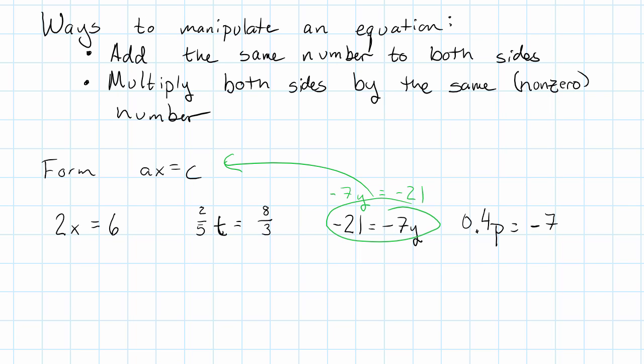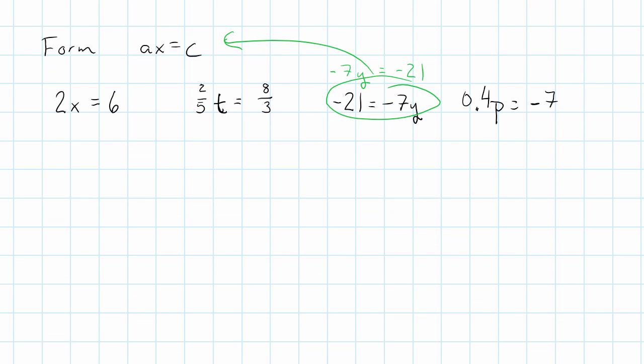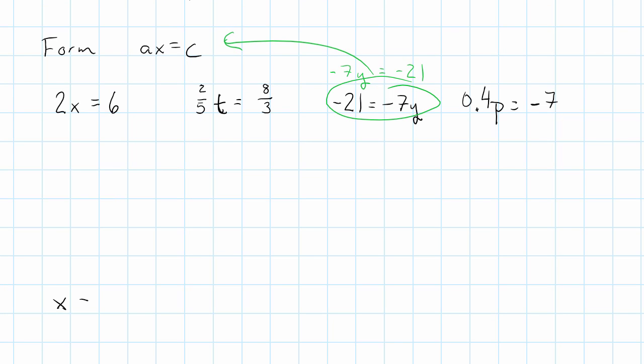And our goal in all of these cases is the same. We want to end up with an equation of the form our variable equals a number. Though, in this case here, I think it's going to be easier to get to the point where we have y on the right, which is totally fine.